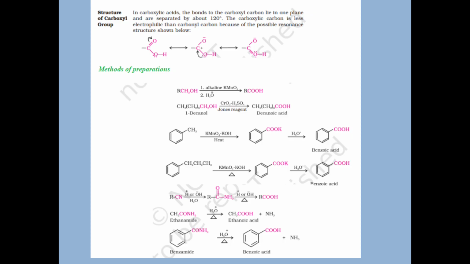With KMnO4, KOH, and heat, toluene will give the potassium salt of benzoic acid, and if you give H3O+, it will give benzoic acid. And a branched aromatic compound will also give benzoic acid.